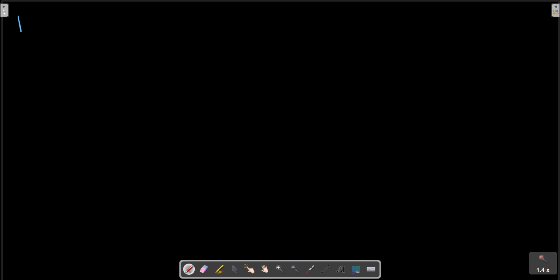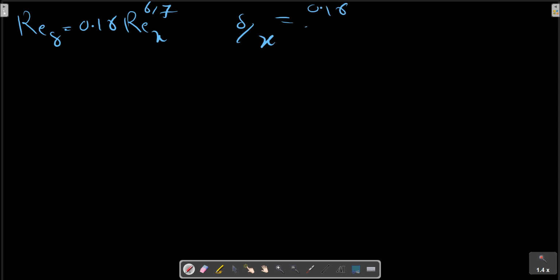We have this relation Reynolds delta, which is the displacement boundary layer thickness, a function of Reynolds x, or we can write delta on x equals to this relation Reynolds x.